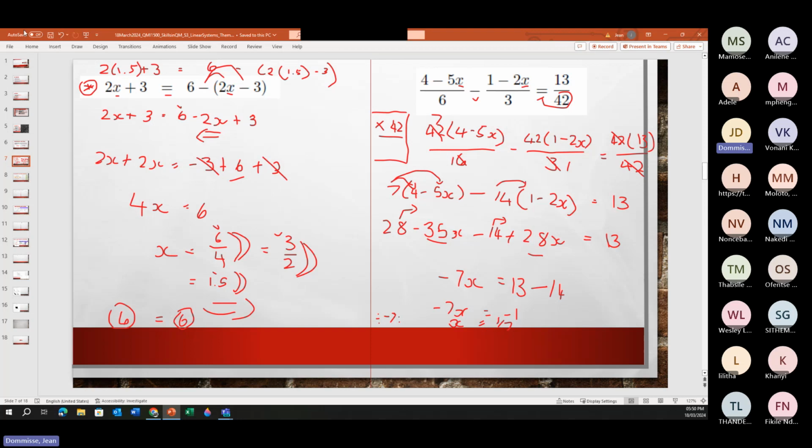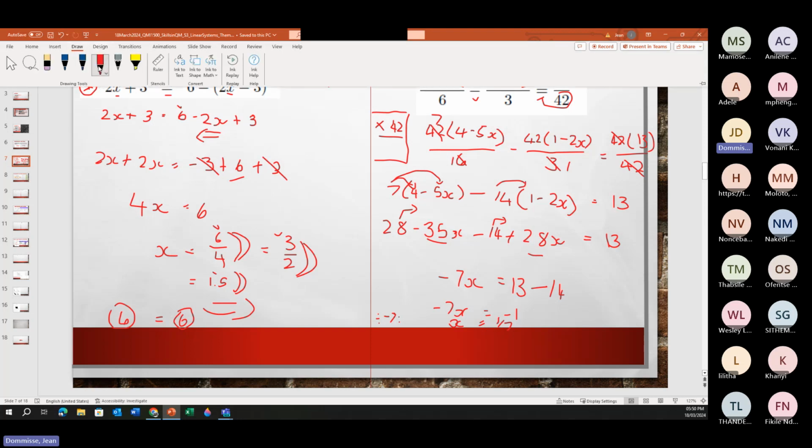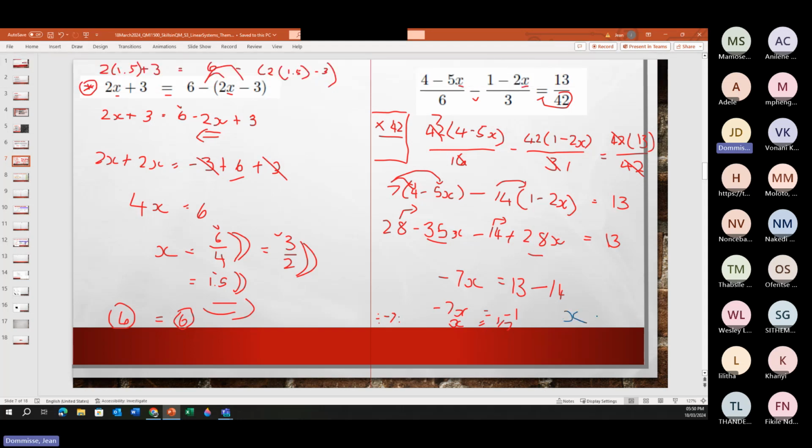Okay, so let me just change color. So we get x is equal to 1/7. Okay, so we end up with a fraction. So again, if we want to test that, it's not really going to be that nice, but let's see.